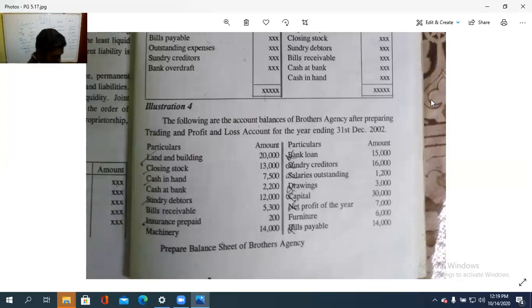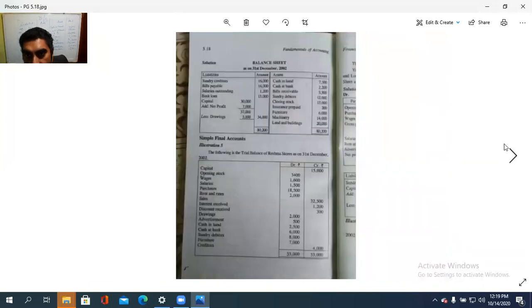Okay. Then, yes, insurance prepaid. Insurance prepaid, it is 200. So how many items? 1, 2, 3, 4, 5, 6, 7, 8, 9. Here 1, 2, 3, 4, 5. Total how much? 80,200.